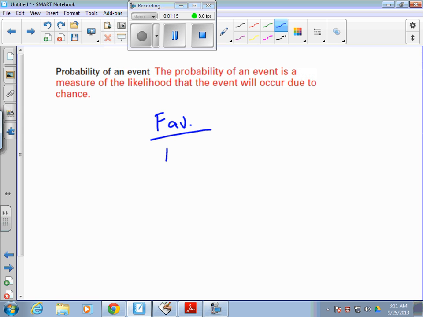Favorable over total. Now we got it. I'm getting confused with odds, which we'll look at in just a second. Favorable over total. Again, you have two blues and a red from a second ago, so that's 3 things total. So 2 out of 3 chances you'll get a blue, and 1 out of 3 chances you'll get a red. That's the favorable out of the total.